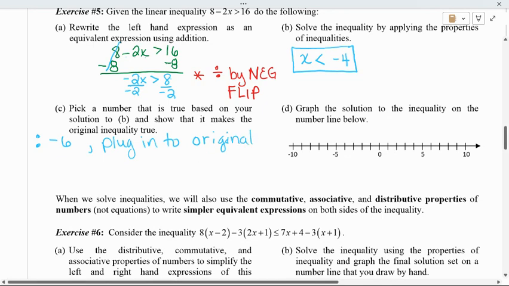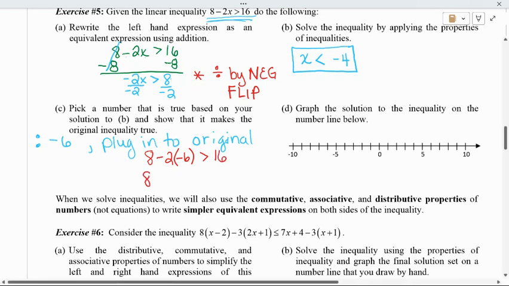Okay, so meaning I'm just going to let x equal negative 6, and I'm going to plug it into this original inequality that we had. So that's 8 minus 2 times, what are we letting x equal? Negative 6. Daniel chose negative 6. Is 8 minus 2 times negative 6 greater than 16?